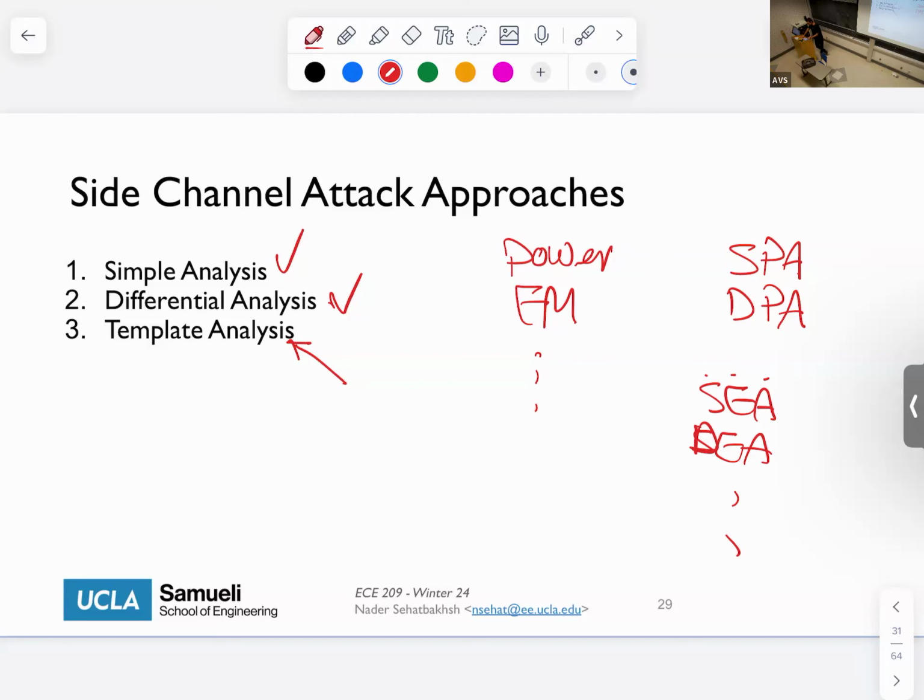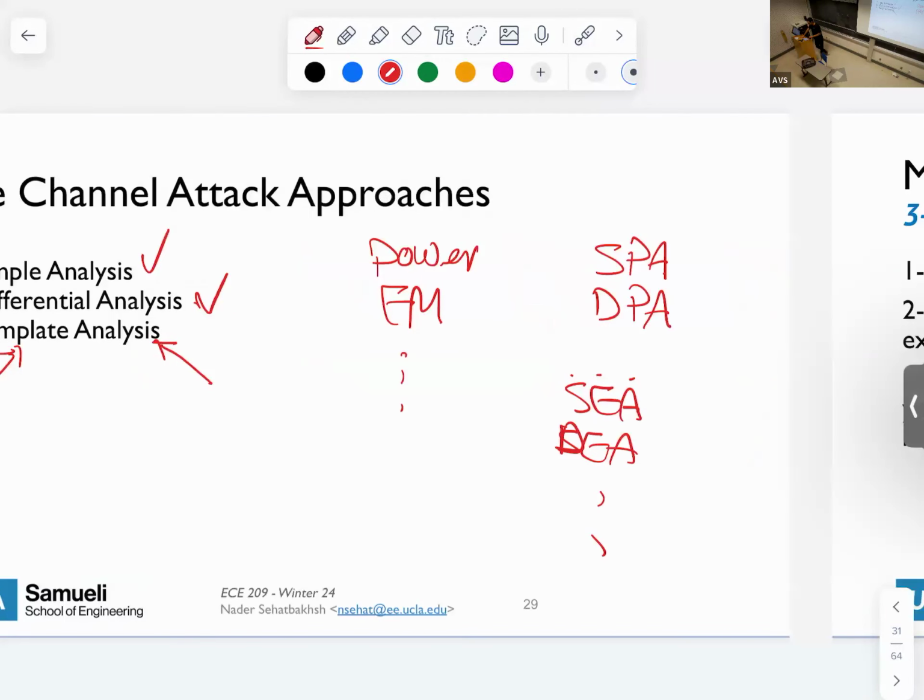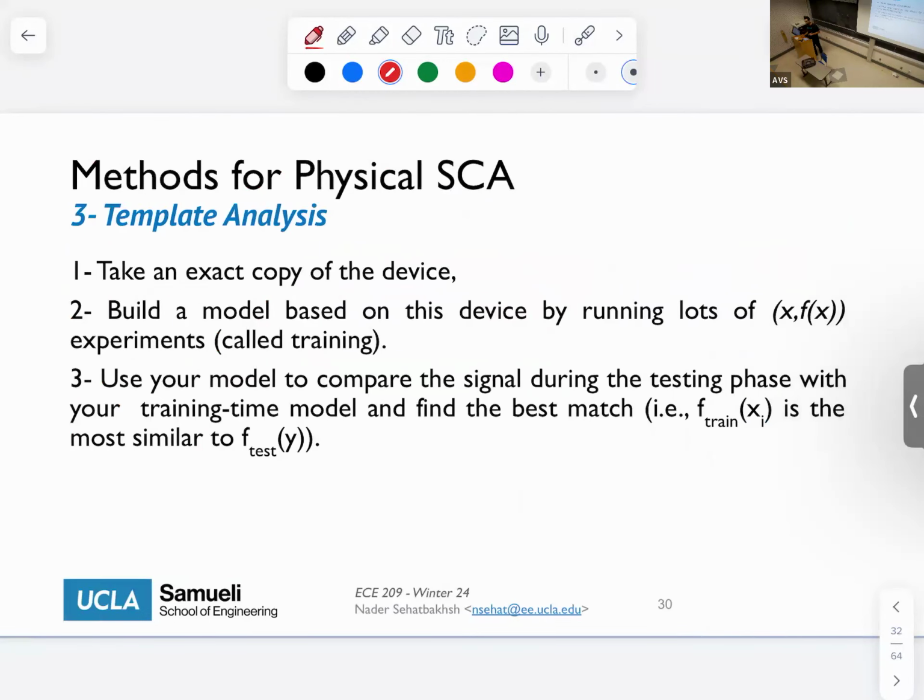Now let's talk about the last one, which is template analysis. This is where we're going to involve more sophisticated signal processing and, of course, machine learning, because so far these have been purely deterministic algorithms. The idea of template analysis is that we have an exact copy of the device that we're going to attack. None of these devices are unique.